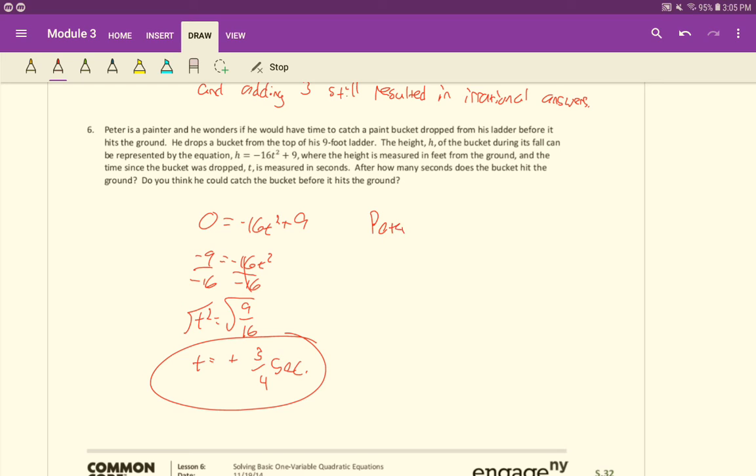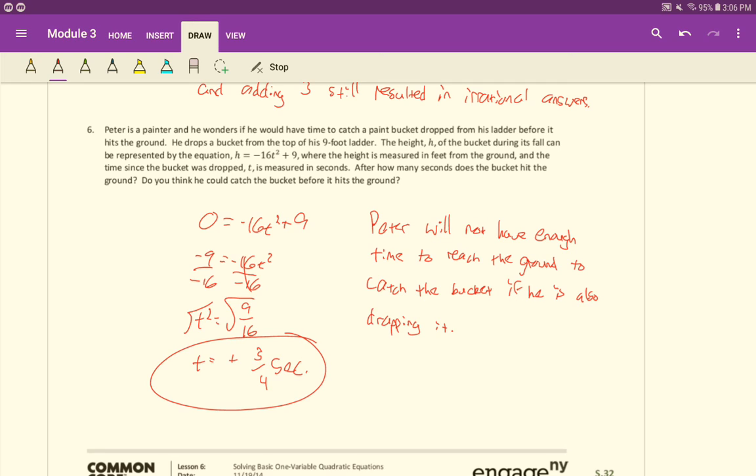Peter will not have enough time to reach the ground to catch the bucket if he is also dropping it, which it sounds like he is, right?